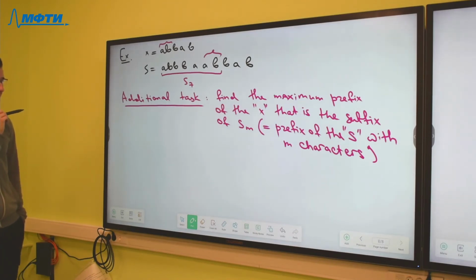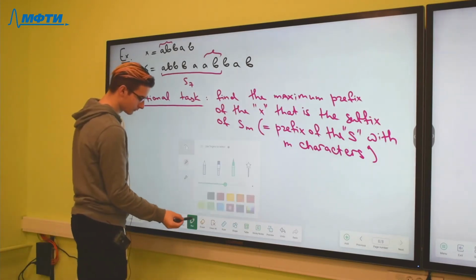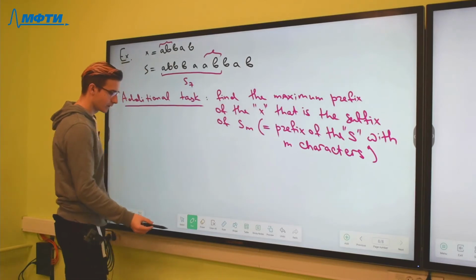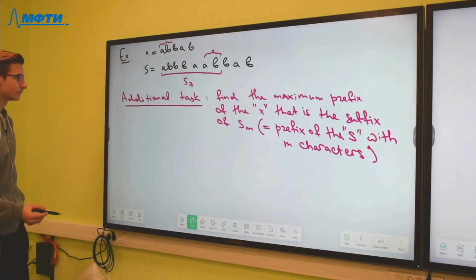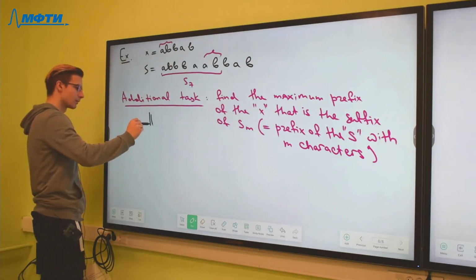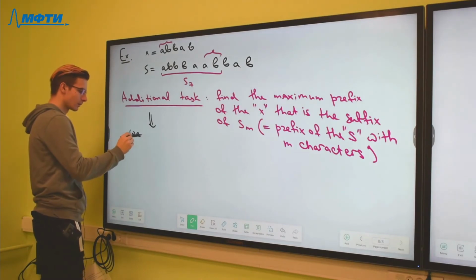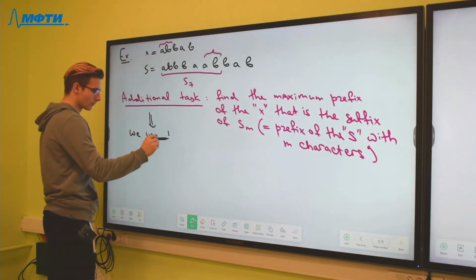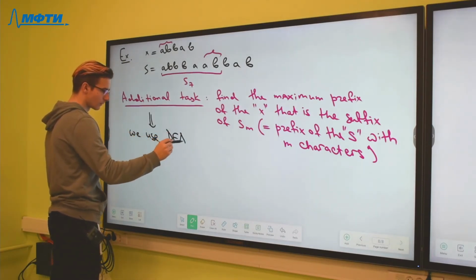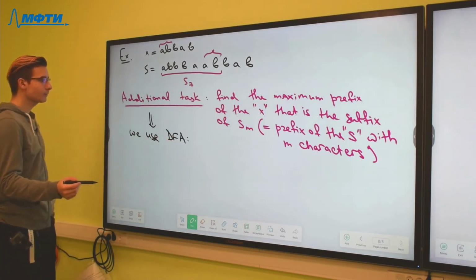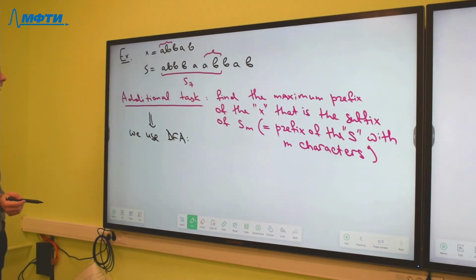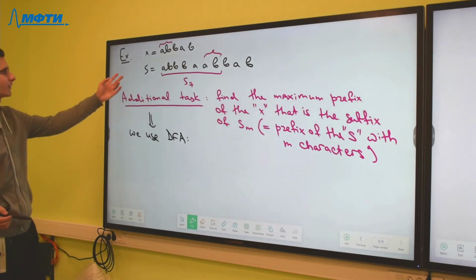In this case, we use the DFA that has states equal to prefixes of x.